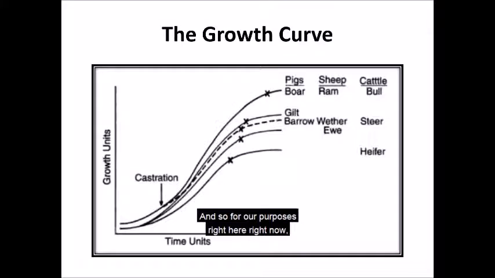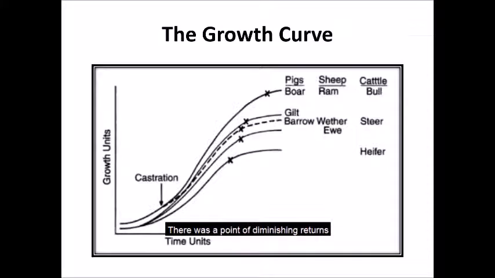And so for our purposes right here, right now, let's focus on those X's in the individual lines. And if you think back to, we were talking about some scaling of operations in the first webinar, the optimal or magic number for a sheep operation.